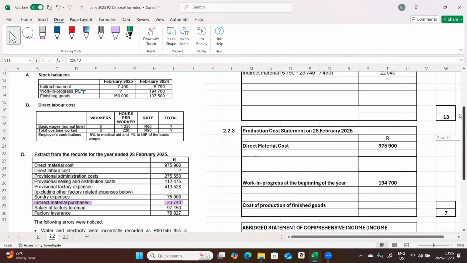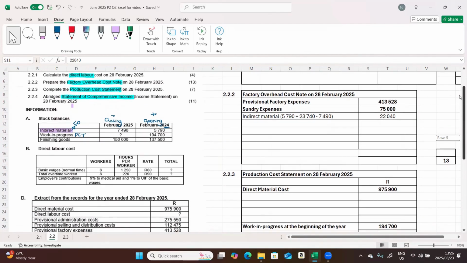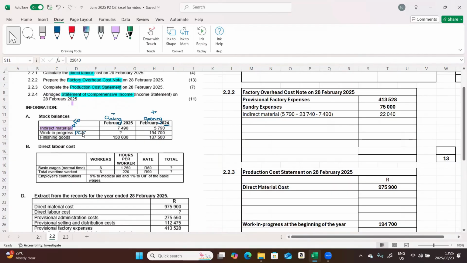So I do not have to worry about my work in progress at all. I can highlight that. The opening balance is already in there, and the closing balance is going to be a balancing figure on my production cost statement. We are done with that, and we are done with that as well.